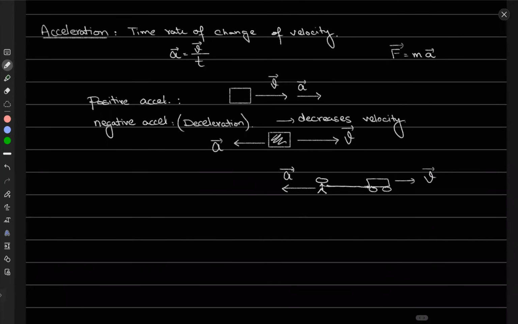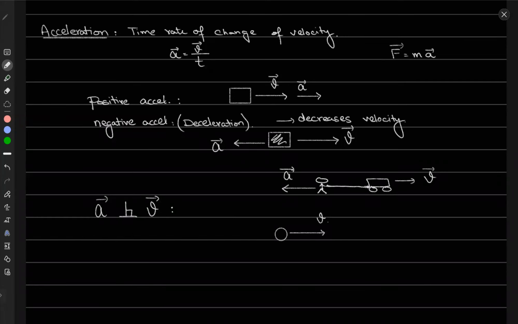All right, so here are these two cases, positive and negative acceleration. Then you can have another case where the acceleration vector is perpendicular to the velocity vector. Suppose I have an object, a ball, moving in this direction.